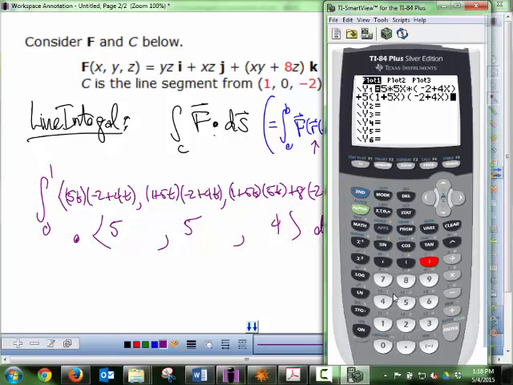And then the last component, you have to be extra careful with parentheses because you have 2 terms in your vector field. So I have 4 times, and I'll put a big parentheses, and then start my first 2 with a smaller parentheses. 1 plus 5x, that's the first one. The second one is 5x.